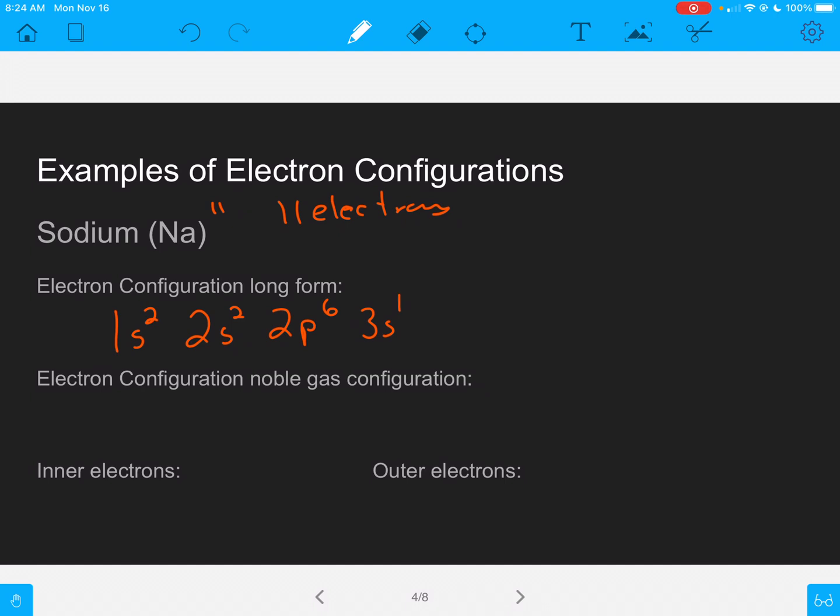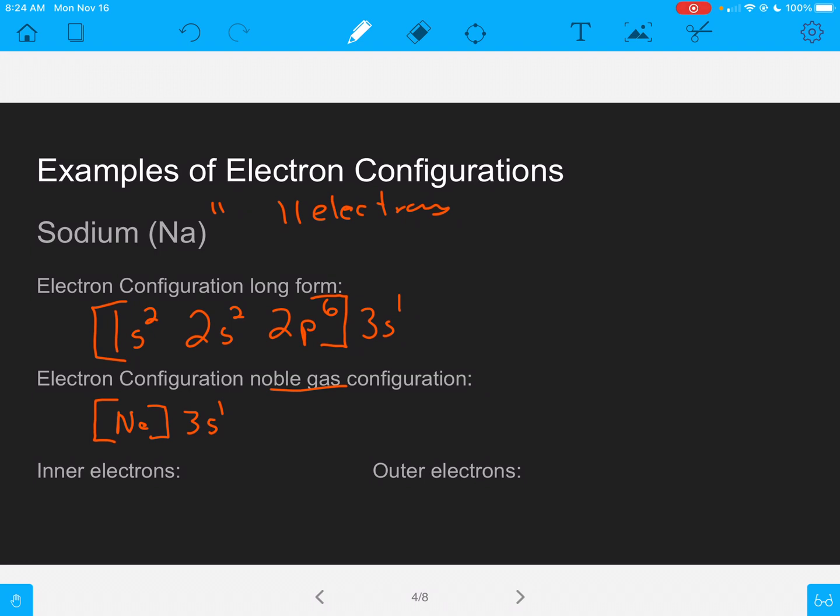So this is the long form. Well, we also know that this whole thing right here is actually neon, isn't it? So if I do the noble gas configuration, I would put brackets neon, 3s1.